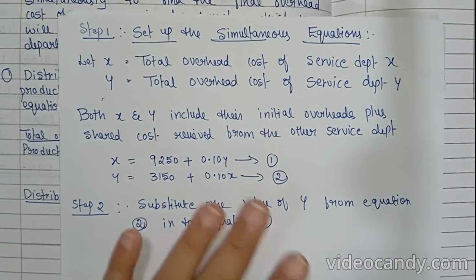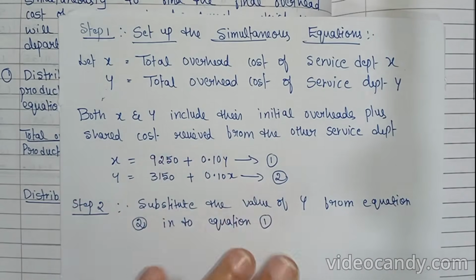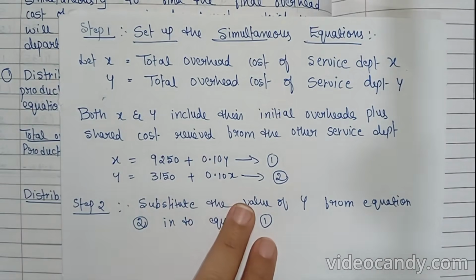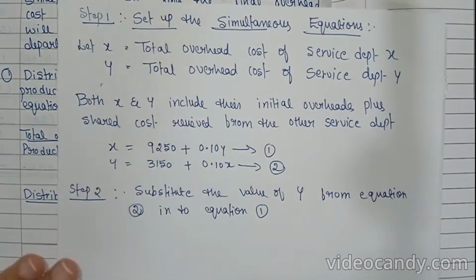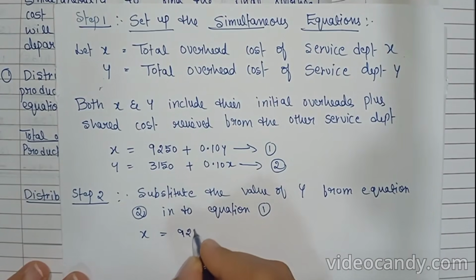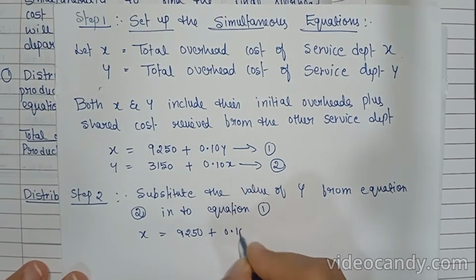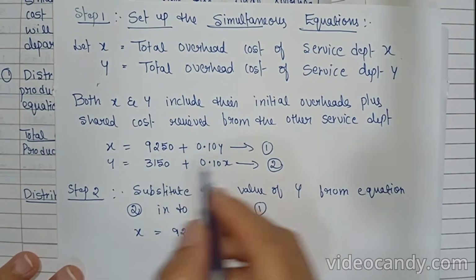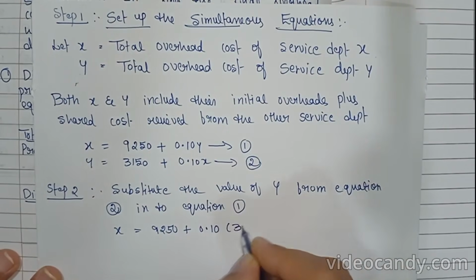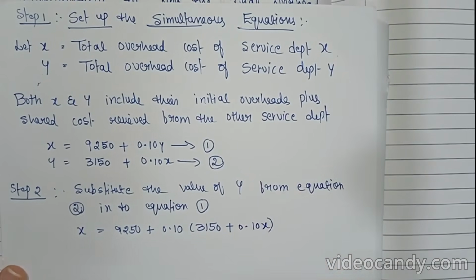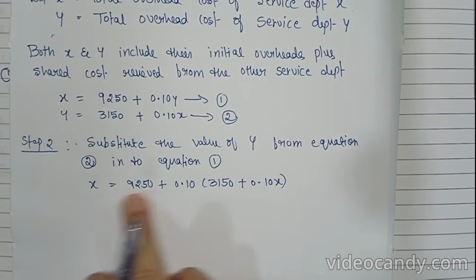Then equation 1 becomes what? X equals, write down, 9,250 plus 0.10 into 3,150 plus 0.10x. Clear?